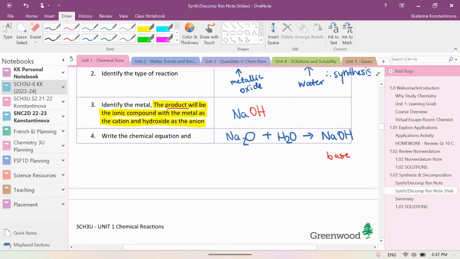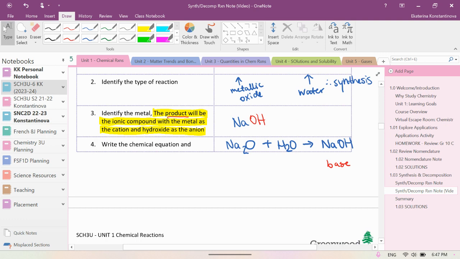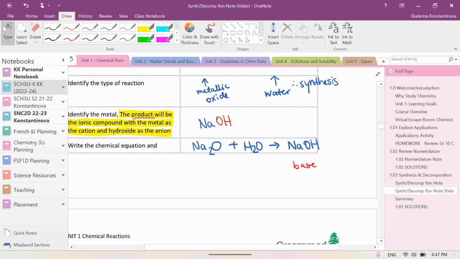Never ever forget to balance. On the left-hand side you have 2 sodiums and on the right 1 sodium, and on the left you have 2 hydrogens, on the right 1 hydrogen. So there's an imbalance there.